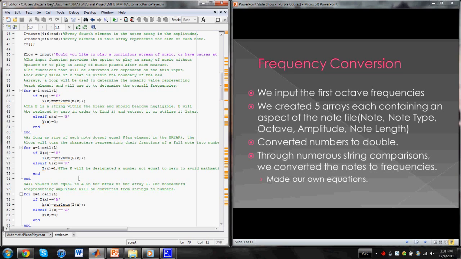The last one was the note length. The one in between there. Amplitude, right? Yeah. So we converted all those values to actual numbers so we could use them in the following calculations. If there was a break, however, like an E, a K, or an A, it will denote it as 0, which will be used for later calculations. You find a marker, a limit, or a boundary.